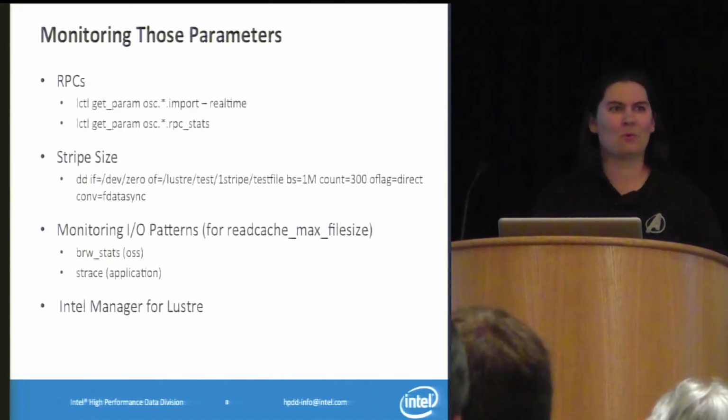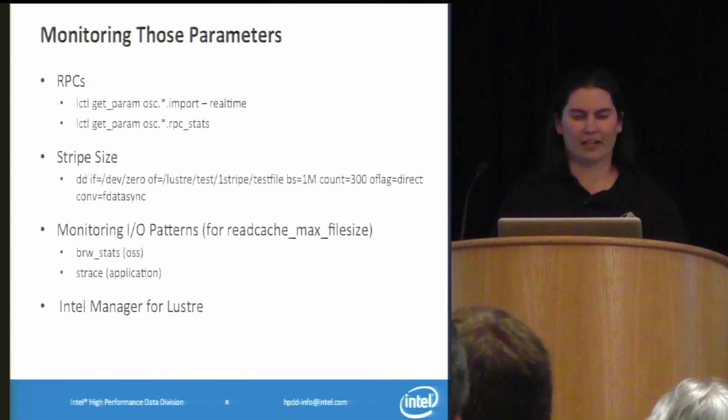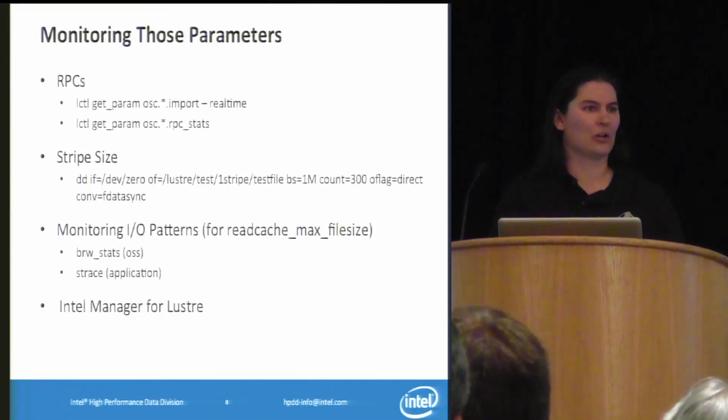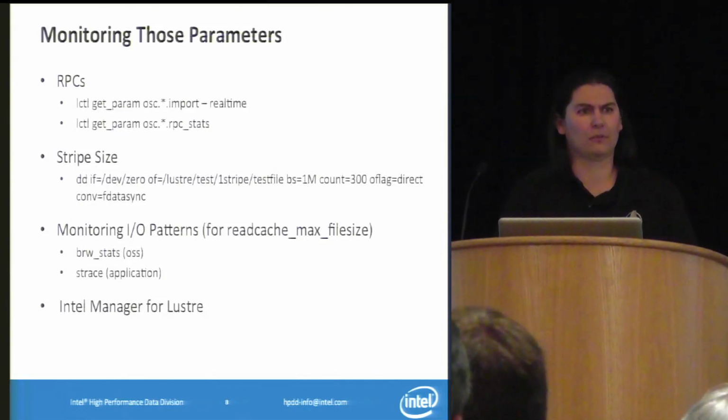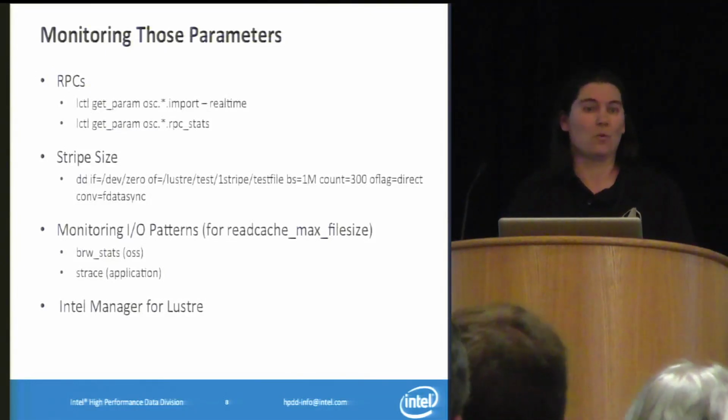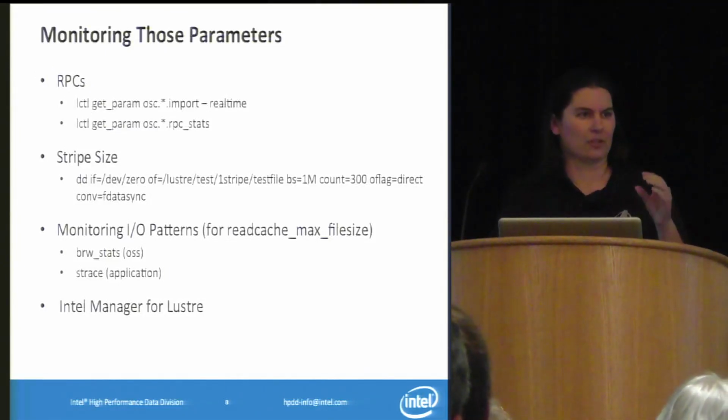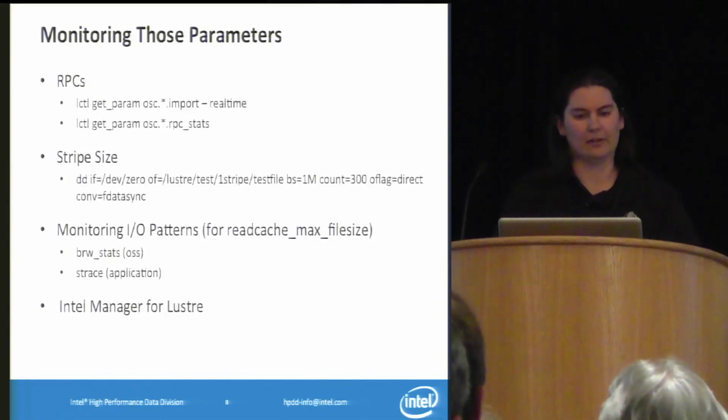So after a little bit more searching around on the internet, I found strace. I've used strace a lot of times in debugging, but didn't realize that you could actually use it for determining the I/O pattern of your application. It gives you an awful lot of really good information as far as simply, are you running large I/O, then small I/O, then large I/O, and then small I/O again.